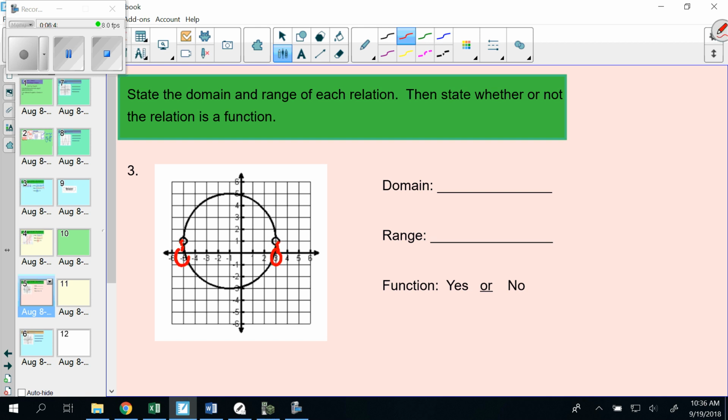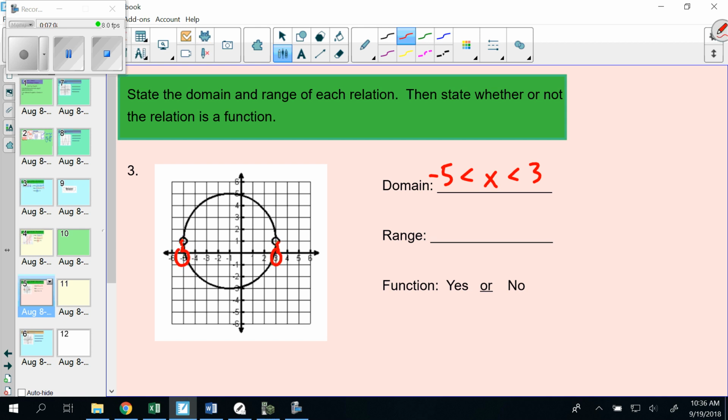Farthest one on the left looks like -5. So our domain is the points less than 3, greater than -5. And it doesn't look like we want to include either of those 2 points because right at those points we see there's an open circle there. So we don't want to count those points.